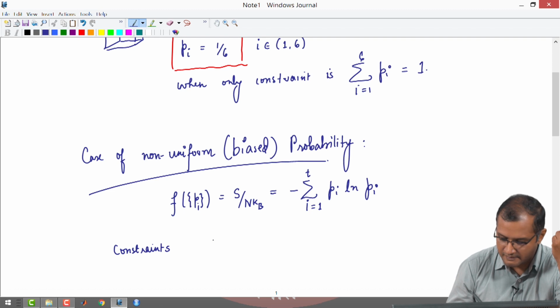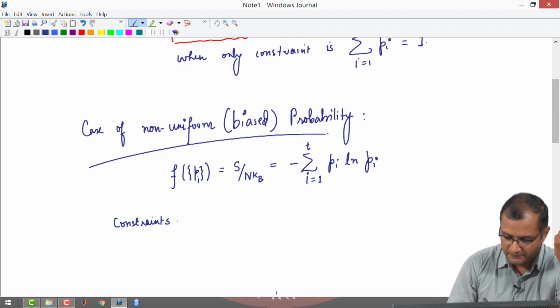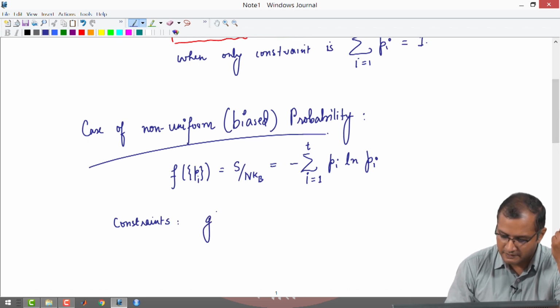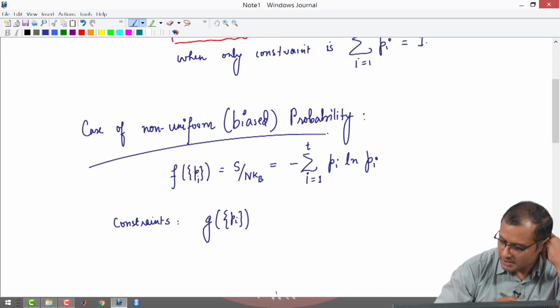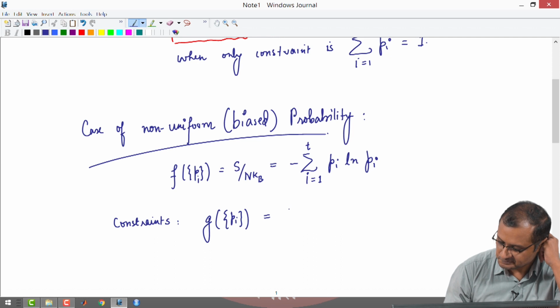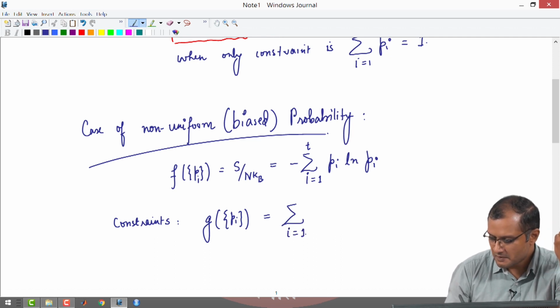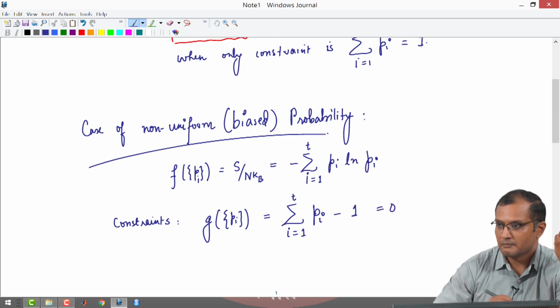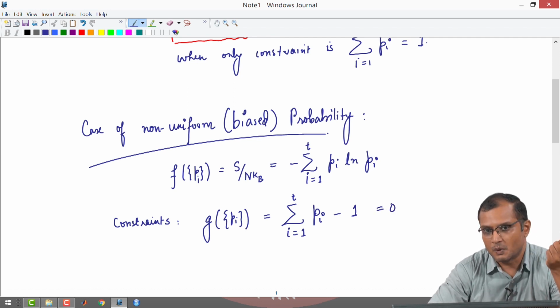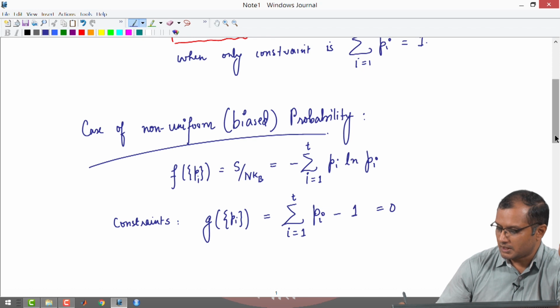Now, instead of one constraint I will take 2 constraints. The first constraint is my function g, again a function of all these probabilities P1, P2 all the way up to Pt, as conservation of the norm. So, the sum of all probabilities is 1.